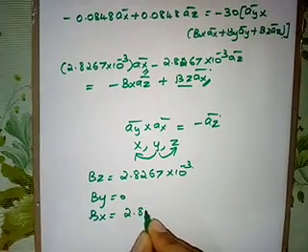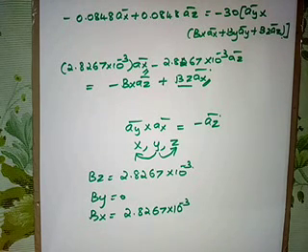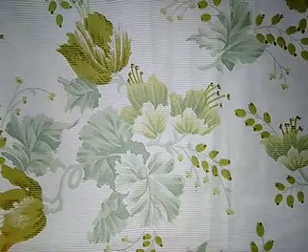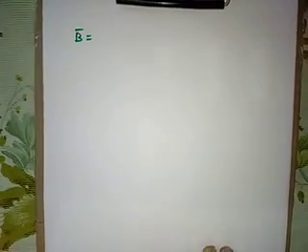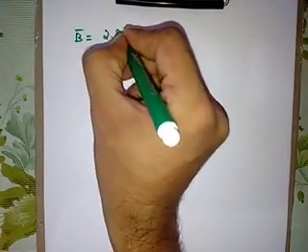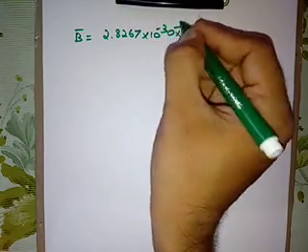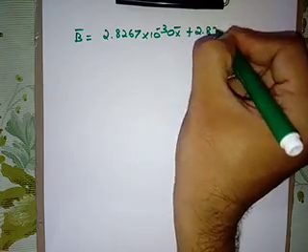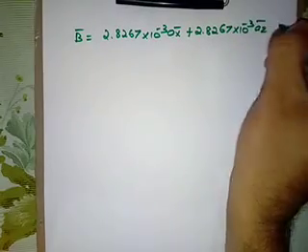So we get Bx as 2.8267 into 10 raised to minus 3. Therefore B bar will be equal to 2.8267 into 10 raised to minus 3 Ax bar plus 2.8267 into 10 raised to minus 3 Az bar Tesla.